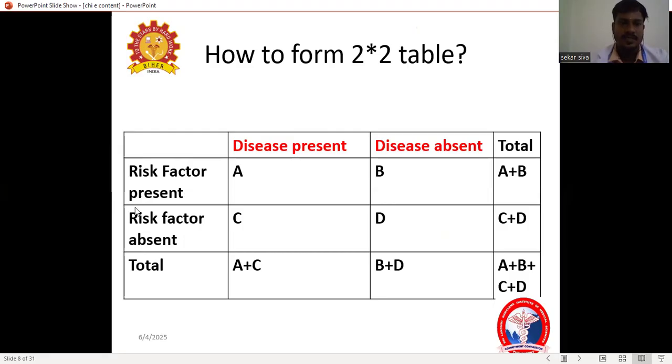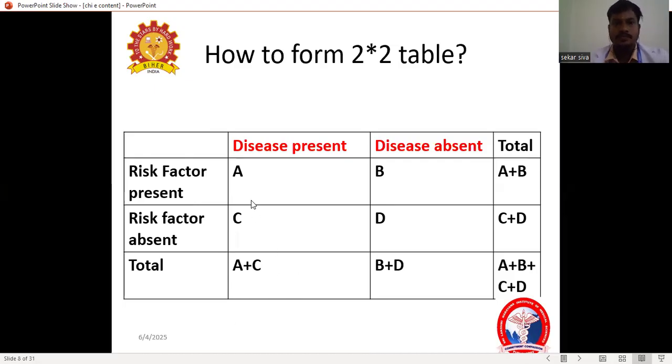Here, the test or risk factor present or absent. This is cell A, B, C, and D. And then the totals: A plus B, C plus D, A plus C, B plus D, and this is a grand total. This is a row total, and this is a column total.